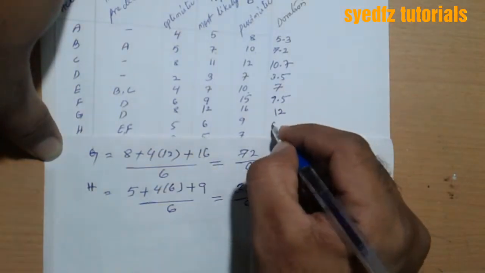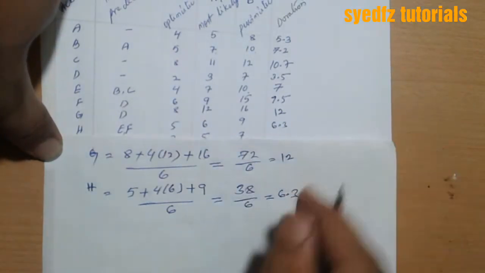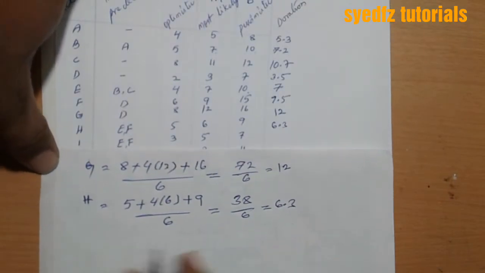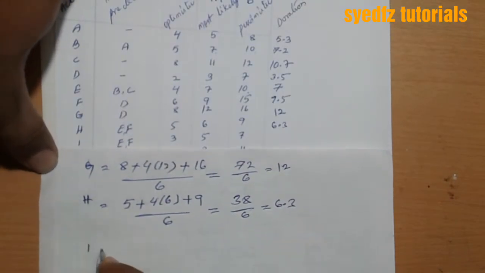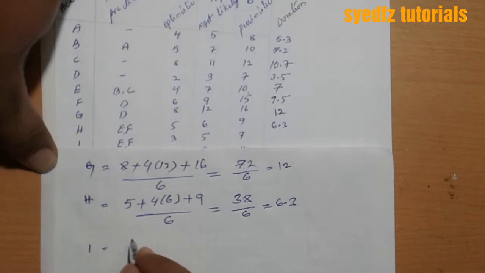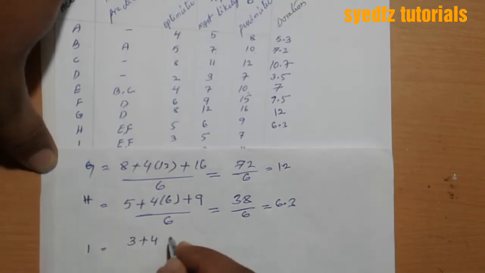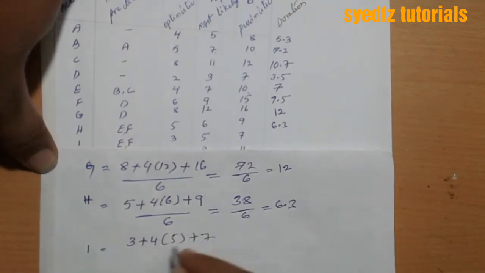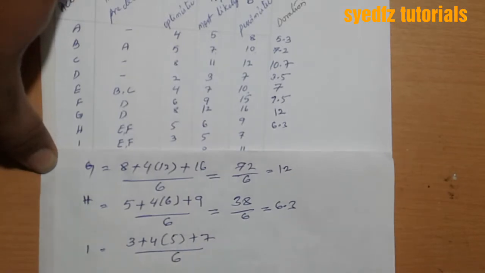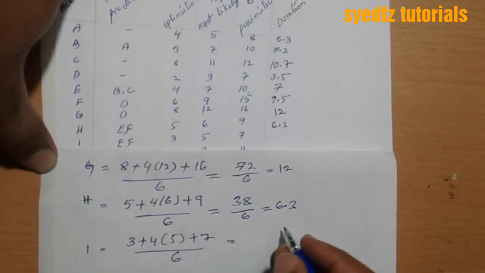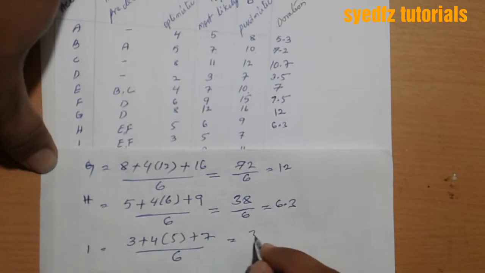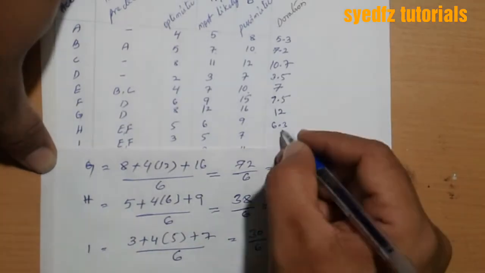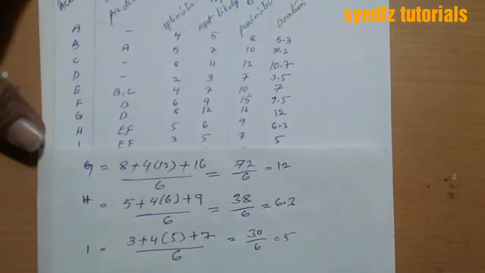So H is 6.3. Now for I. A is 3 plus the formula 4 times the most likely 5, plus 7, divided by 6. 5 fours are 20, 23, 30. 30 divided by 6 is 5. So this one is a duration of 5.